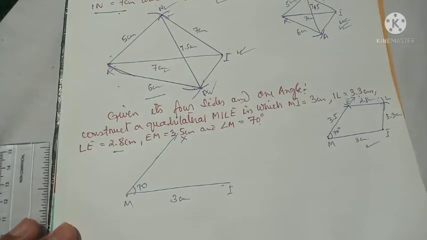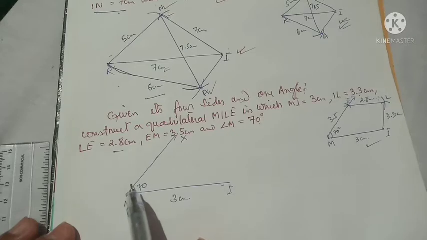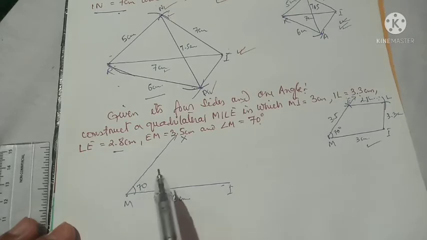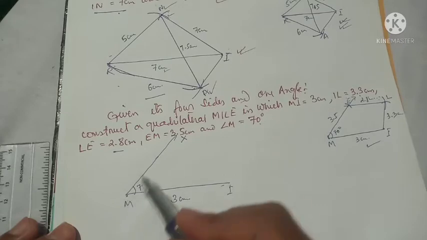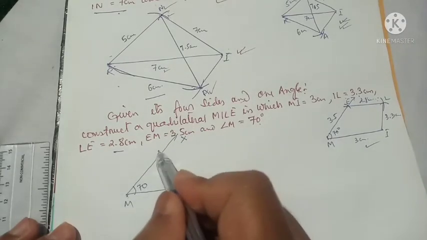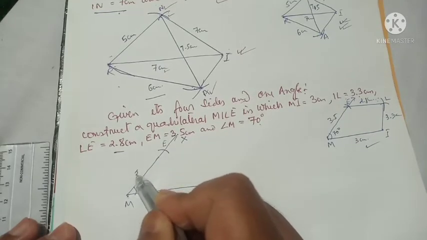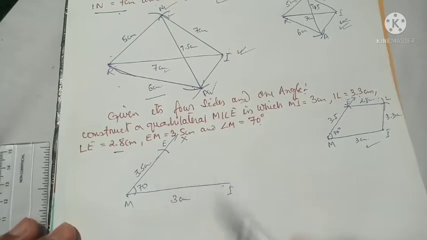Okay, and again taking M as a center with a radius of 3.5, we cut an arc on the ray MX, intersecting at the point E here. This is 3.5 centimeter.